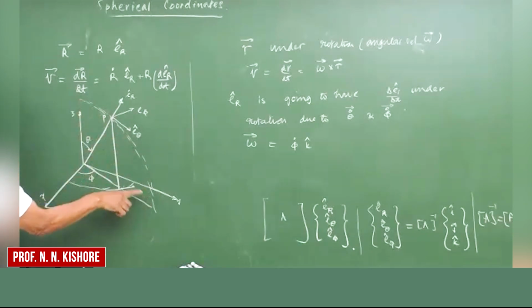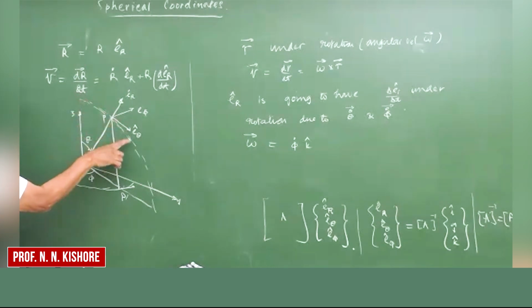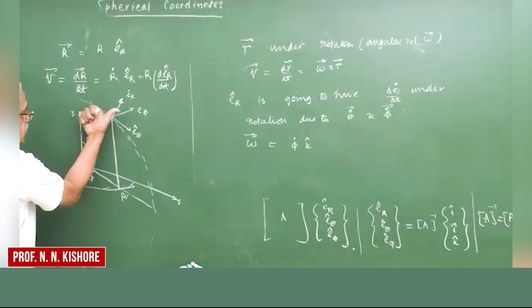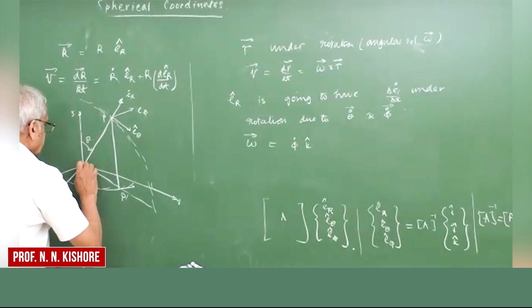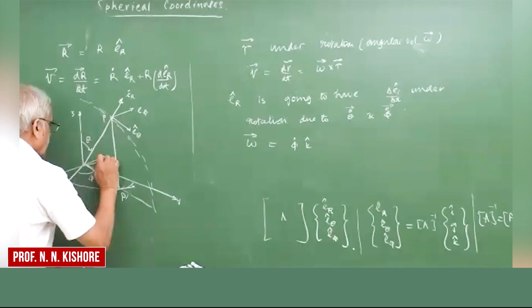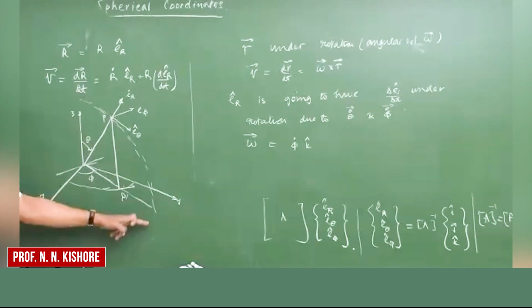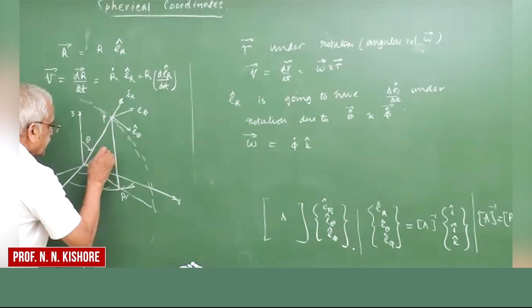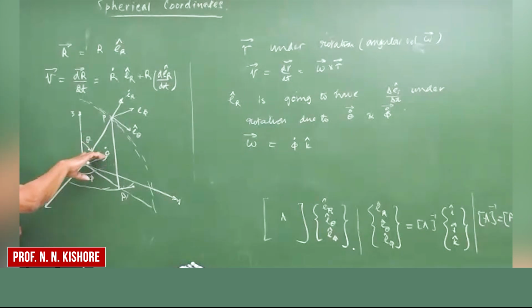You can see it's a vertical plane because phi is not going to change. If it rotates in a vertical plane like this, what will be its direction? This direction is perpendicular to the vertical plane. So this is the direction of theta dot.